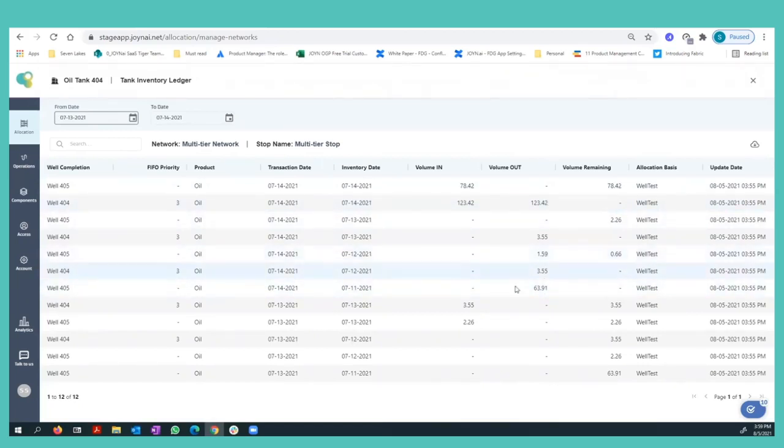That's why the inventory belonging to the 12th here, the older inventory gets drawn out, even though it belongs to 405. And then 405's older inventory, the 12th of July gets drawn out. And then comes the turn for the 13th and the 14th of July, where you see some leftover inventory belonging to 405 here.